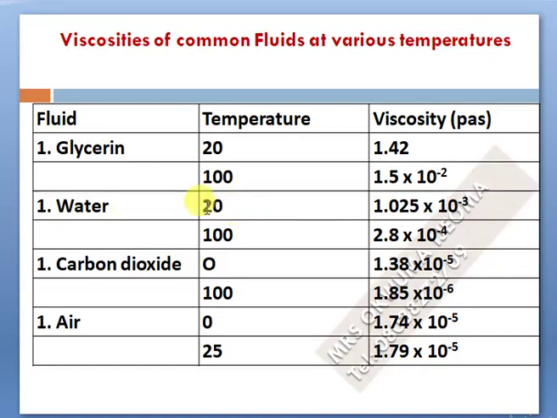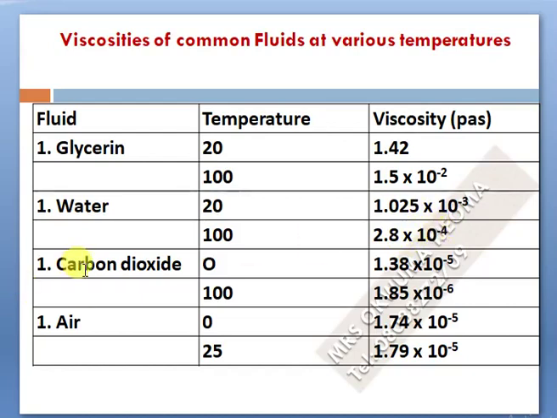When the temperature was very low, 20, you see the viscosity 1.025 times 10 raised power minus 3. That is, the viscosity here is higher. Now, when you increase the temperature to 100, viscosity reduces to 2.8 times 10 raised power minus 4.